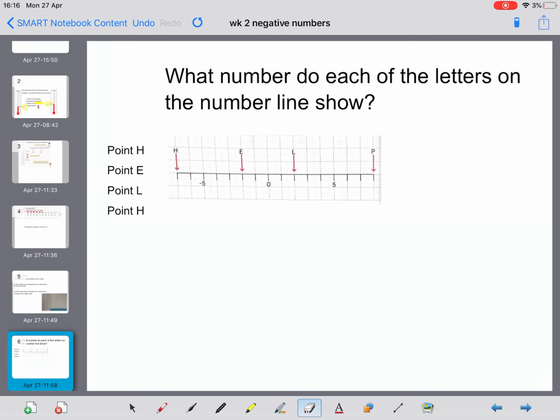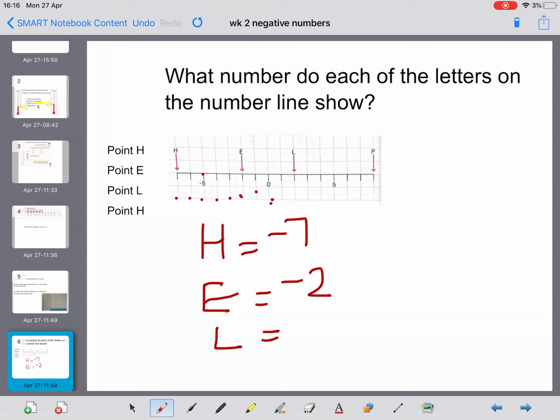Now then, just have a go at these, pause the video, have a quick look what these numbers are. Okay, so H is, well, you can see -5 there, just check which way the number line's going. So if there's your 0, that's -1, 2, 3, 4, 5, 6, 7. So H is -7. E, there's your 0, so 0, -1, -2.